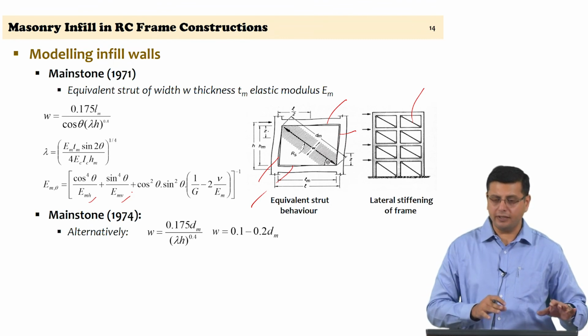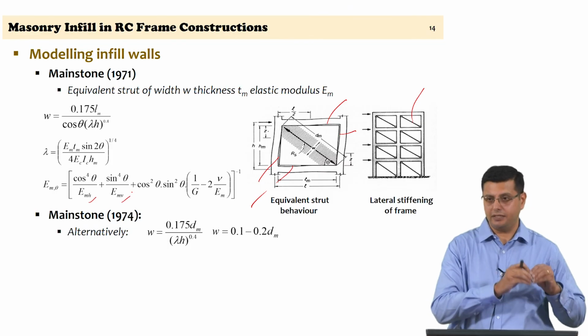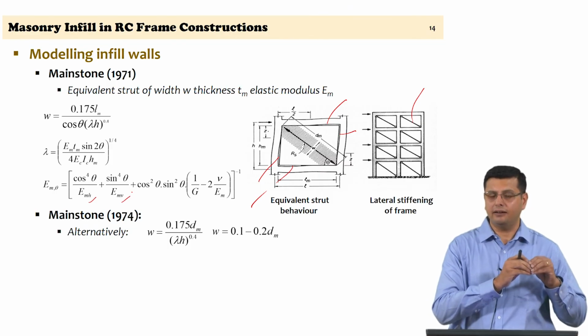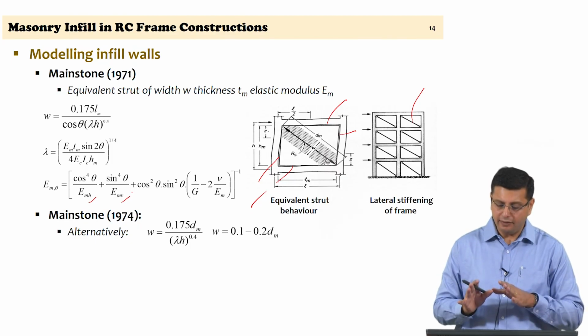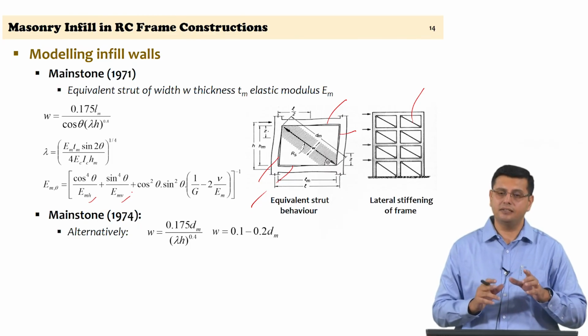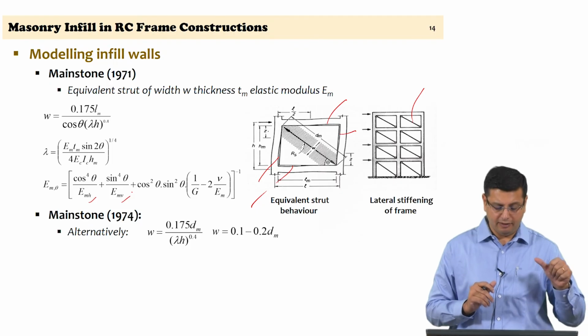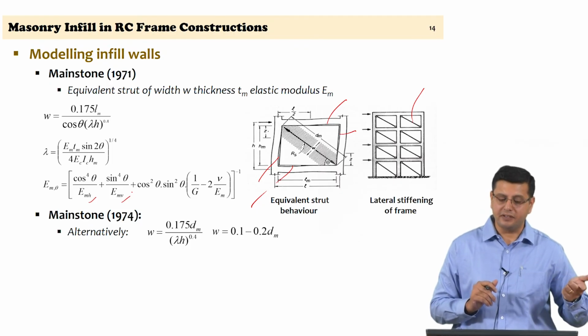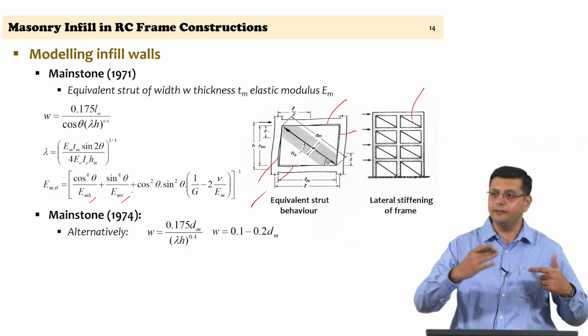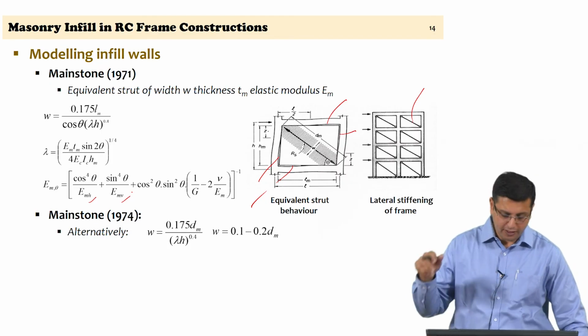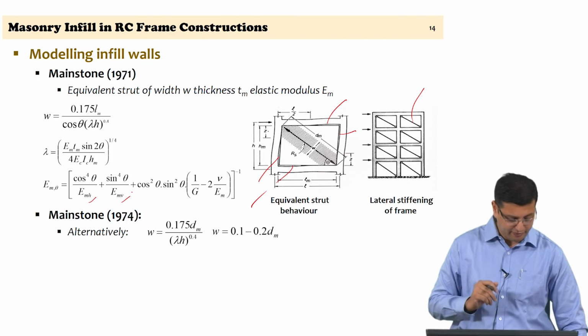So, most importantly it is about lambda h. Lambda h is the effective lateral stiffness of the panel, arrived at considering the masonry modulus of elasticity, its relation to the concrete modulus of elasticity, and the angle that the strut makes with the frame itself.